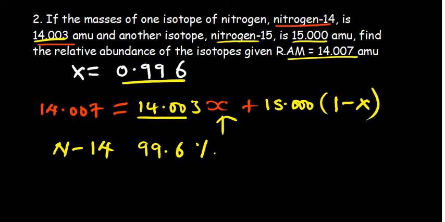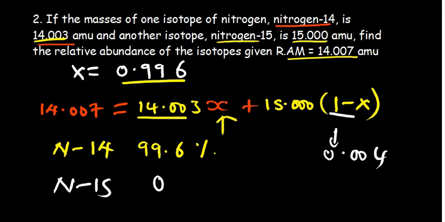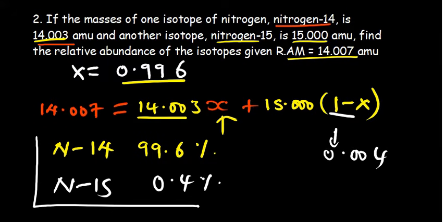And then I can go for the other one, nitrogen 15, which is 1 minus x. So 1 minus 0.996, I'm getting 0.004. Multiply that by 100, so 0.4%. So basically, this is how you find the relative abundance of the isotopes when they've given you the relative atomic mass.